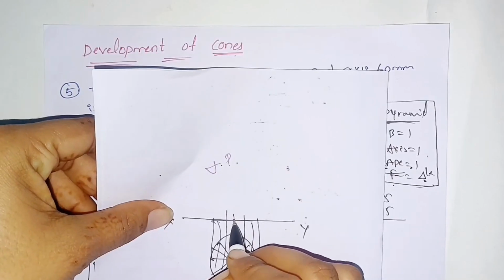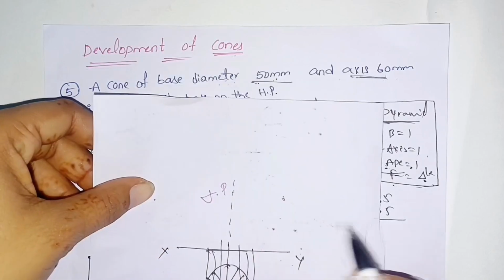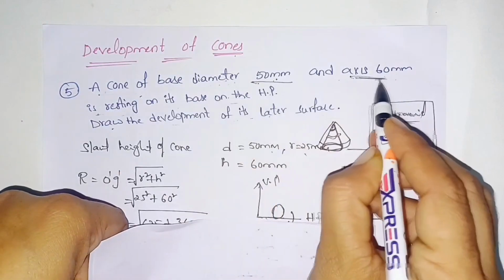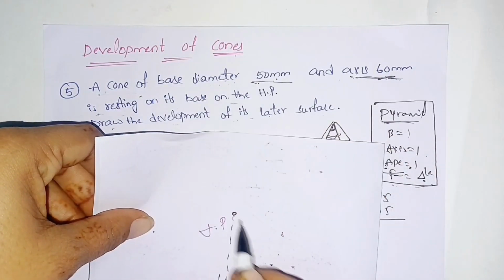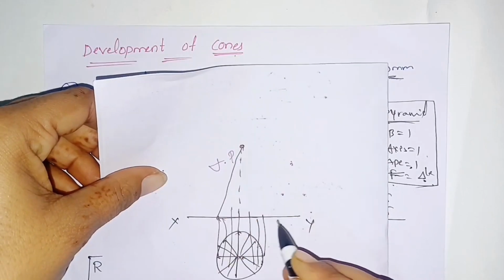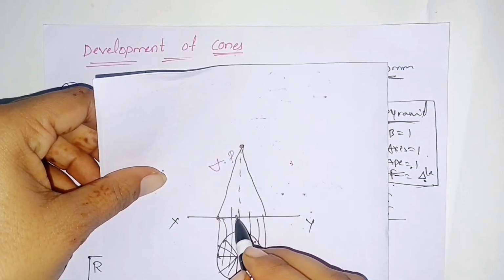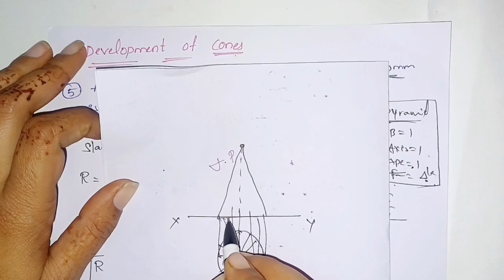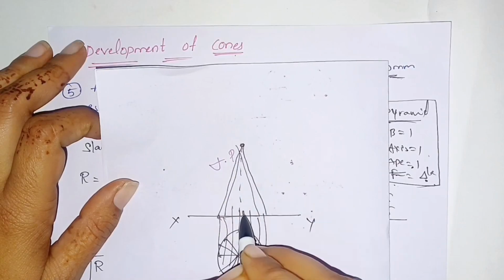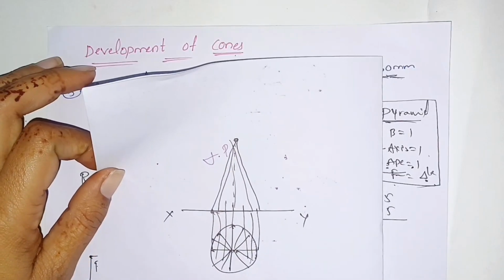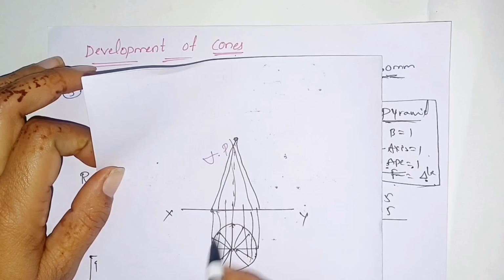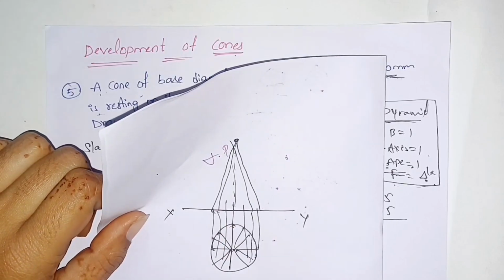This axis should be drawn with dotted lines, and mention the 60 mm. This is the apex, and you have to draw the slant heights. The main points should be drawn with dark lines and hidden points with dotted lines. Then you get the circle and cone.